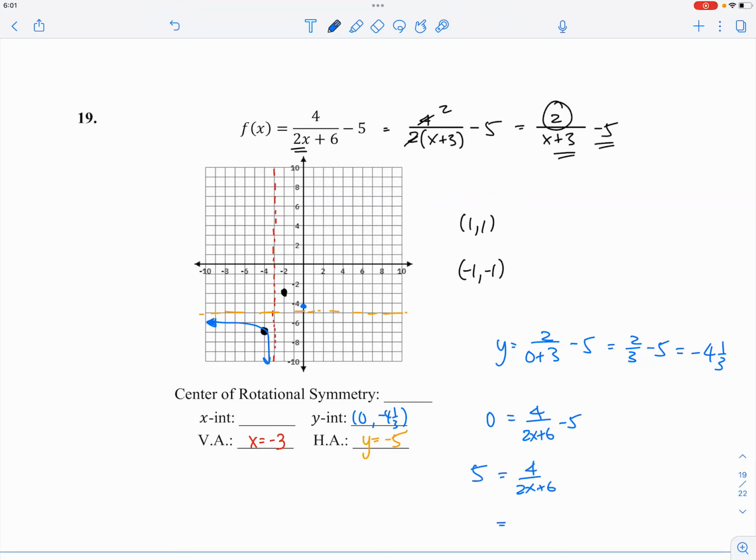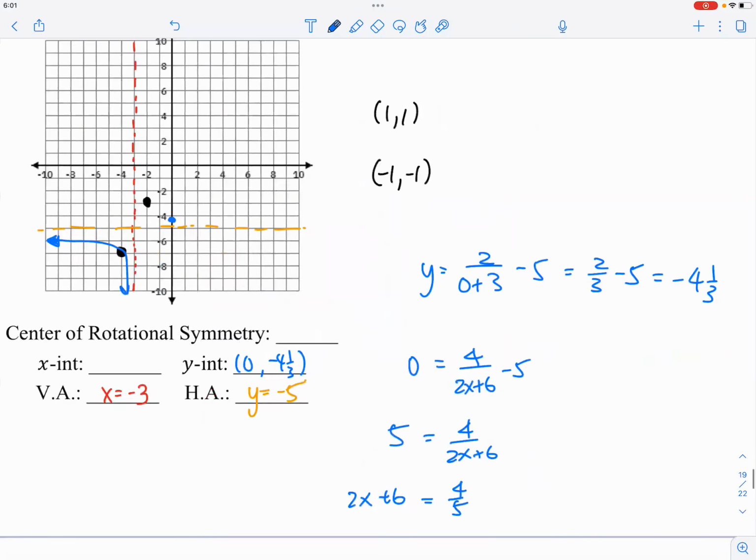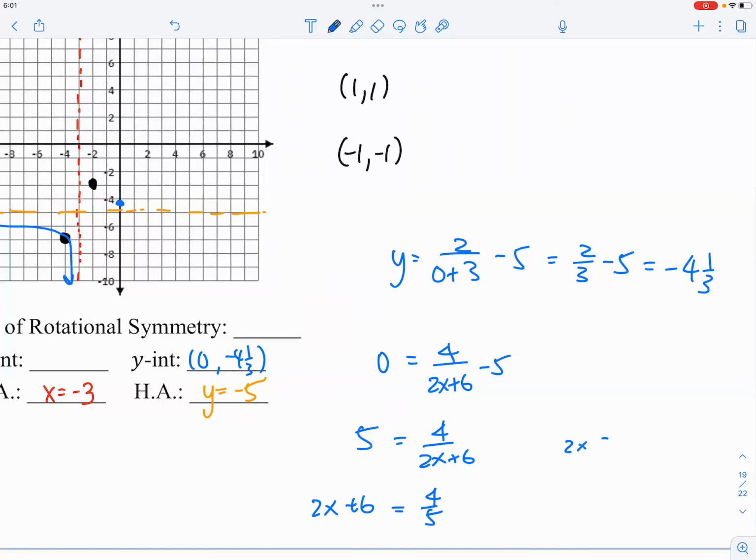And if you manipulate the terms, you get 4/5 equals 2x + 6, and then you can subtract 6 on both sides, which is going to be, let me just go ahead and write it out. Okay, so that would be -5 1/5 is equal to 2x.